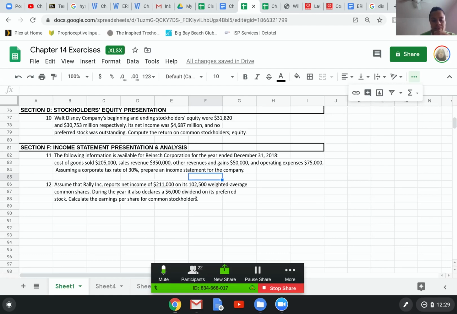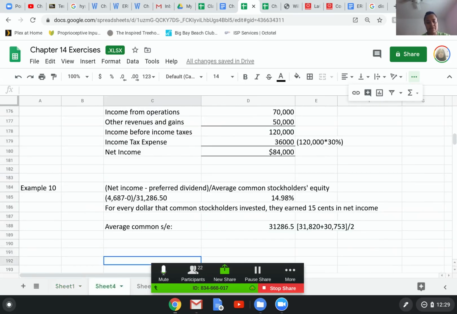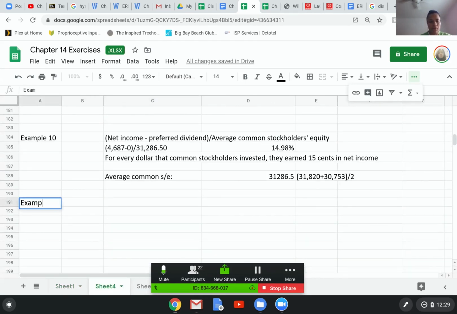Now the only question is, was there a preferred dividend? And it says yes, it declares a $6,000 dividend on its preferred stock. So calculate the earnings per share for common stockholders. Again, this is going to be a dollar amount as opposed to a percentage. So here we go.